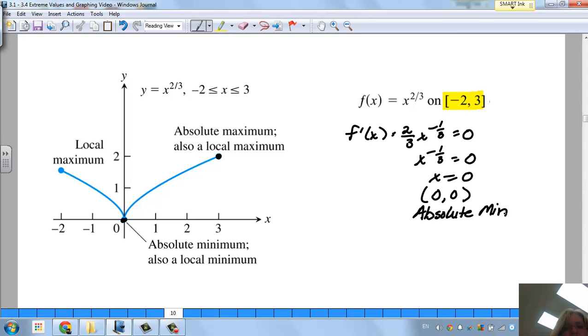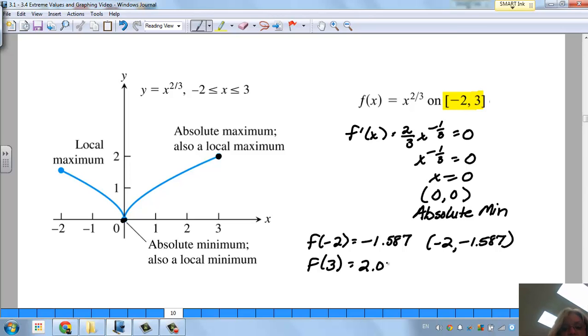Then after I evaluate the other points, like f of negative 2, to find out what that would be, it's not very pretty, but it's about negative 1.587. So that is one point on our graph. And then if I found f of 3, because I have to evaluate the endpoints, that also is not pretty. It's about 2.08008.